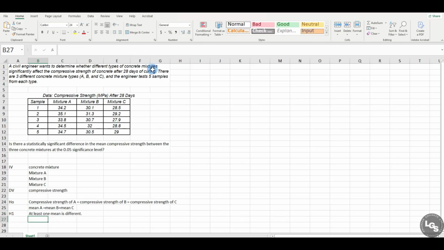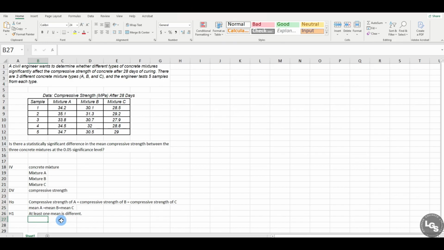So meaning, among the 3 mixtures, there is one that is different. So at least one. Or it is also possible that 2 are different. So take note, alternative hypothesis for one-way ANOVA, at least one mean is different among the others.